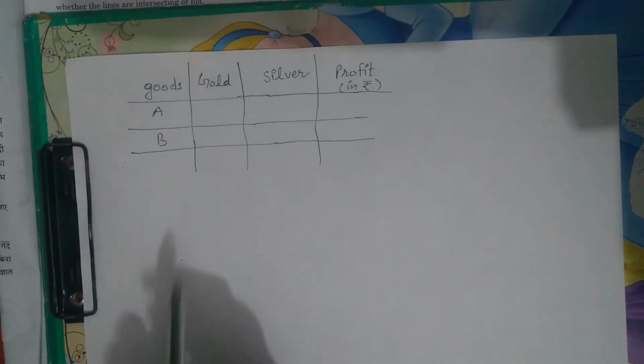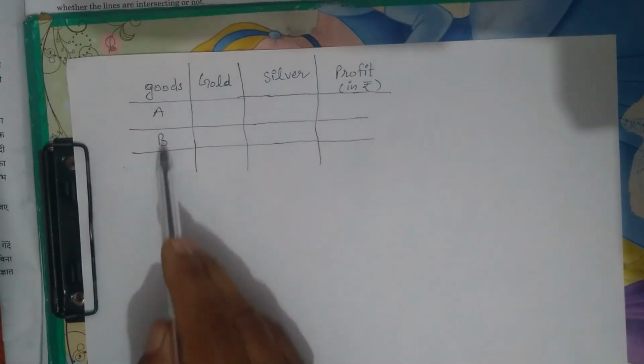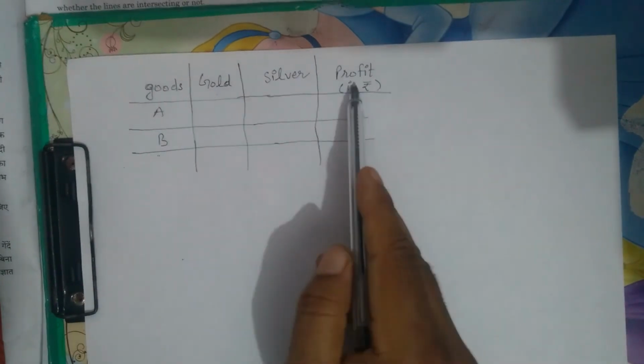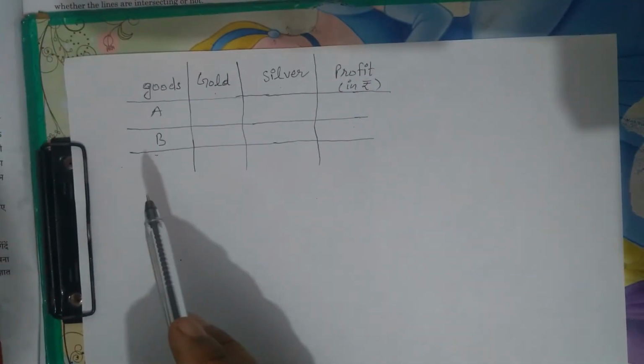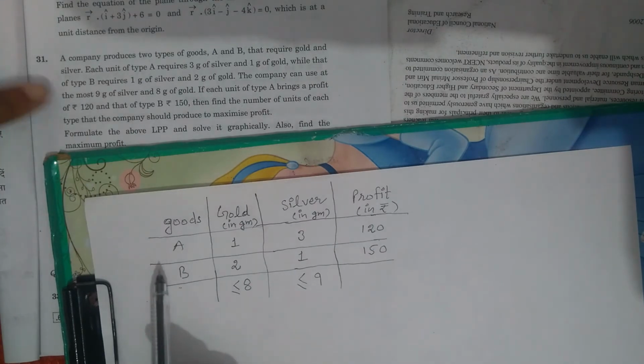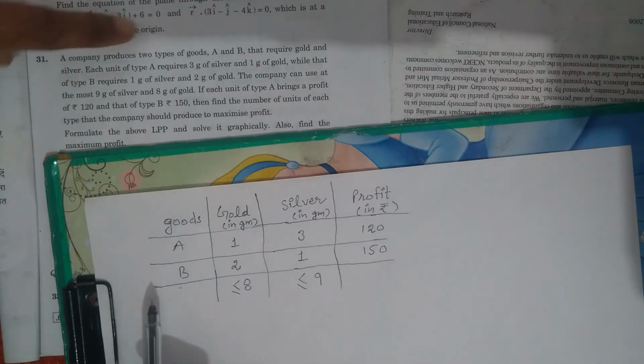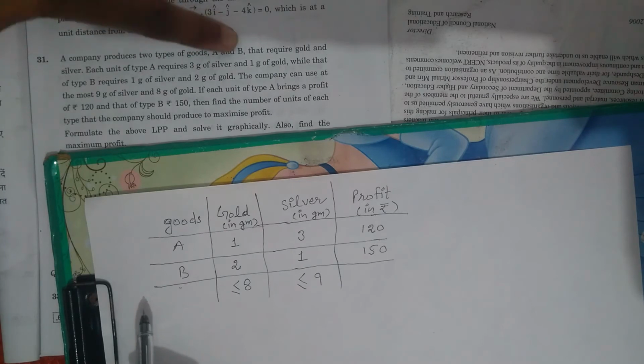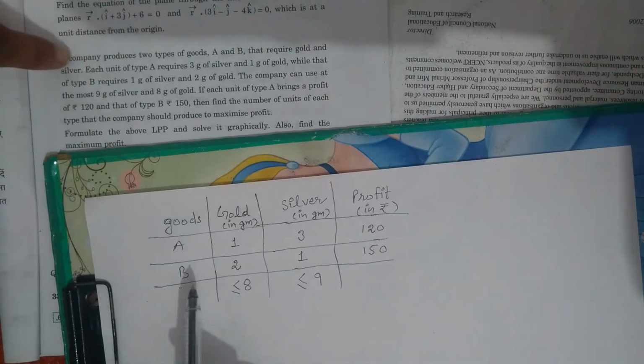First of all, we make a table like this: goods A and B, gold, silver, and profit in rupees. According to the question, a company produces two types of goods A and B that require gold and silver.